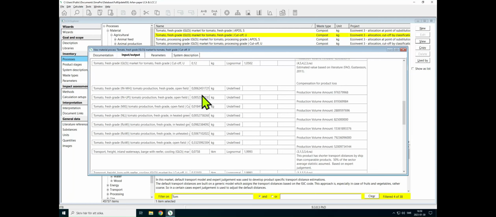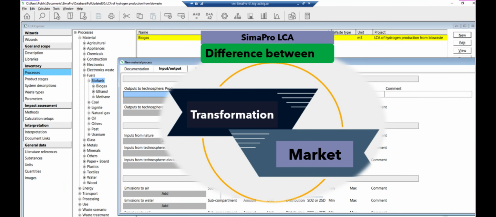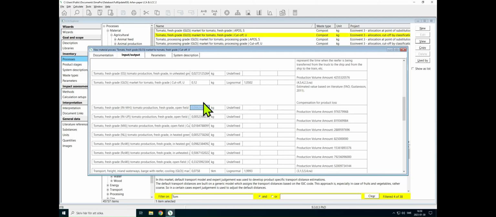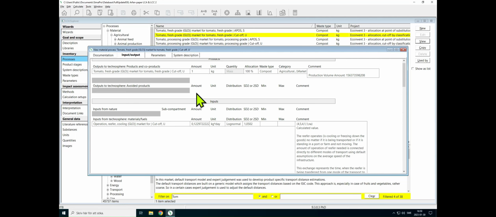For example, we see this amount of tomatoes coming into the global market from India, from the Netherlands, from the rest of the world, and so on. These are the amounts of tomato production in other countries that represent this single output of 1 kg.